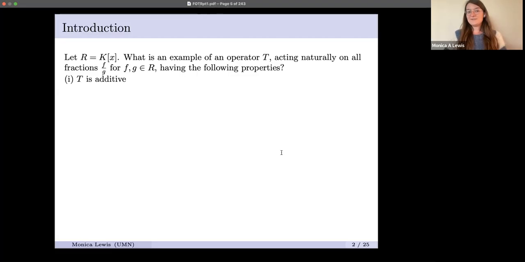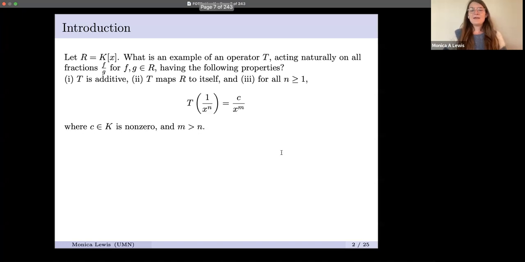Whatever your operator is, I want it to be additive so that it actually deserves the name operator. I want it to preserve R. So if I apply T to a polynomial, I would like to get a polynomial back. And the most important property that I would like is if I take a fraction 1 over x to the n and apply the operator onto it, I would like the power in the denominator to strictly increase, possibly up to some non-zero scalar in the numerator.